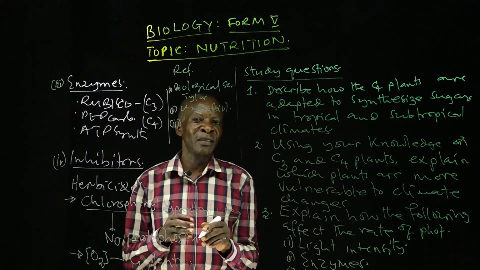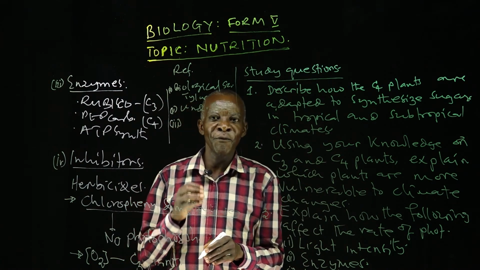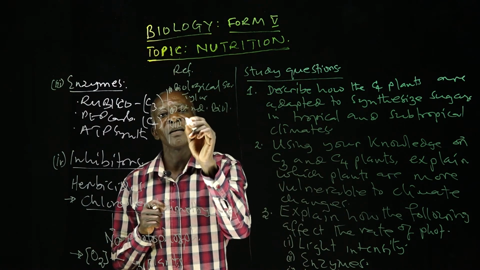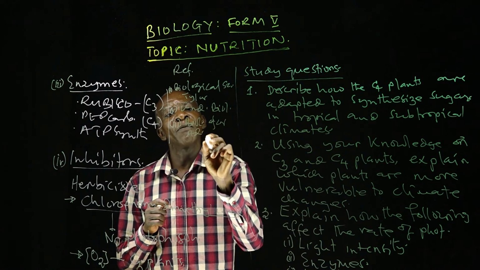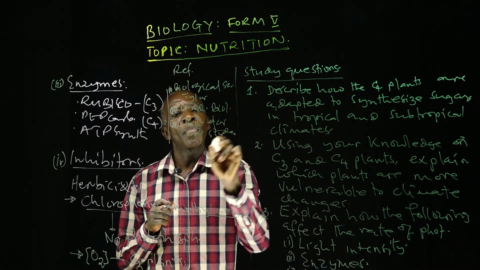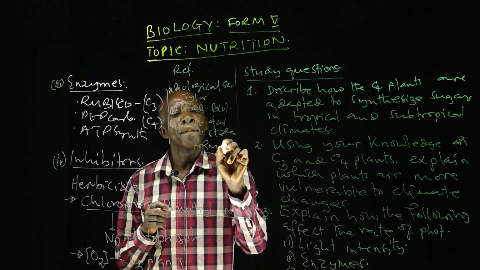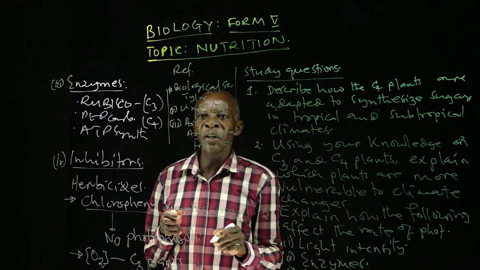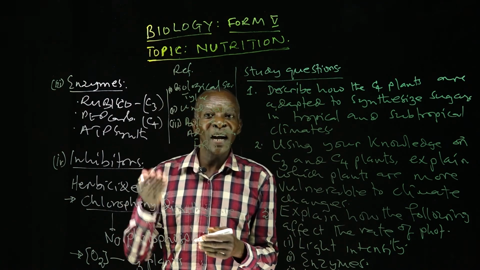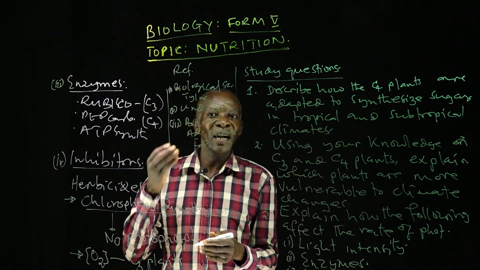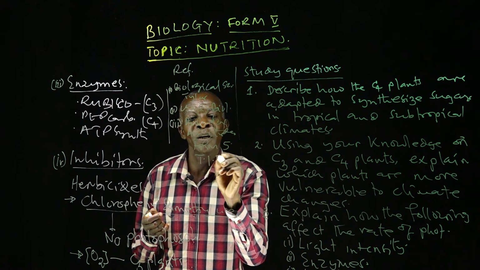But more importantly, I'm stressing on this: consult Biology for Advanced Level Students, Book 5, or Form 5, a book that is currently issued by the Tanzania Institute of Education.